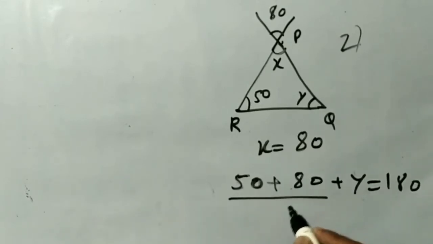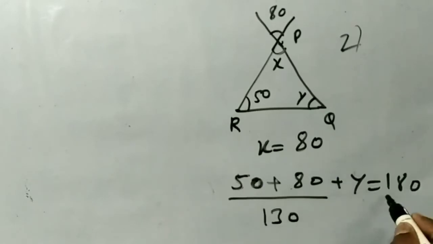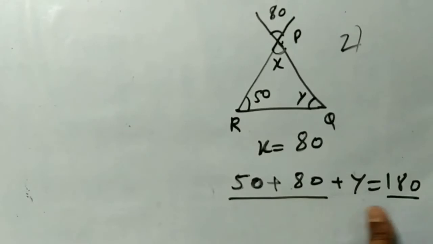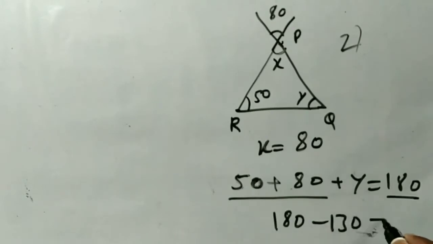Similarly, same as the previous one, 50 plus y is equal to 180. Then this is 20 plus 30, that is 130. So 180 minus 130 is equal to 50. That is equal to y.